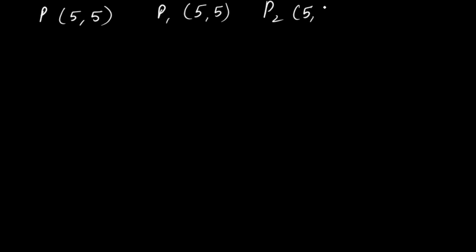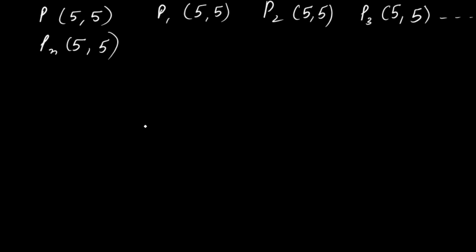See, related to P means, if P is 5, 5, then all other points, if I take P1, P1 is also 5, 5. If I take P2, this is also 5, 5. If I take P3, this is also 5, 5. So if I take Pn, it is also 5. Related to P means they all are the same.